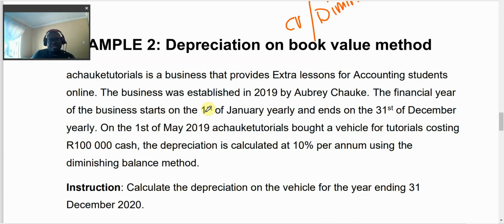You must know the accumulated depreciation for you to be able to get the carrying value first. Here you need to calculate the carrying value first before you calculate depreciation. And I'm going to use the information from the first example. I just changed names here and pretended as if it's a new company. So here they're saying I'm using my own business.